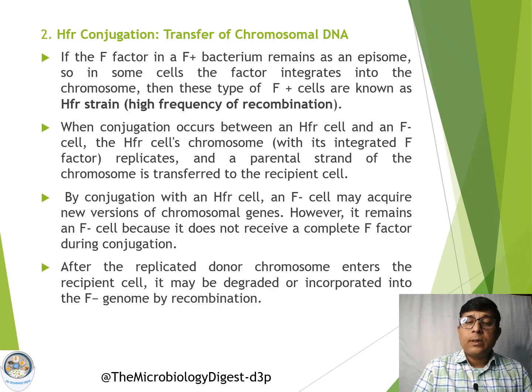Those bacteria where the F factor remains as an episome are called Hfr strains, or high frequency recombination strains. So what happens when conjugation occurs between one donor Hfr cell and an F negative cell?